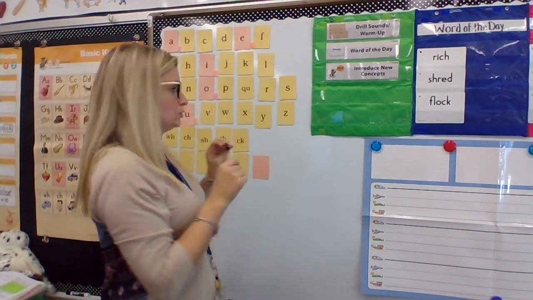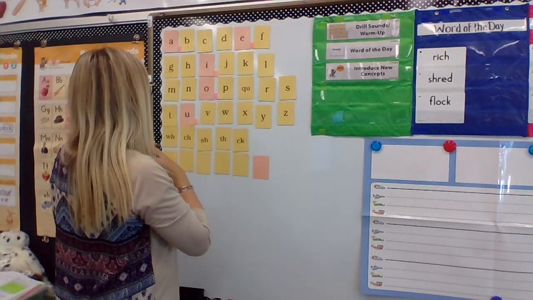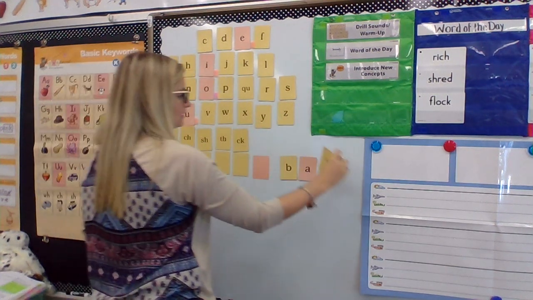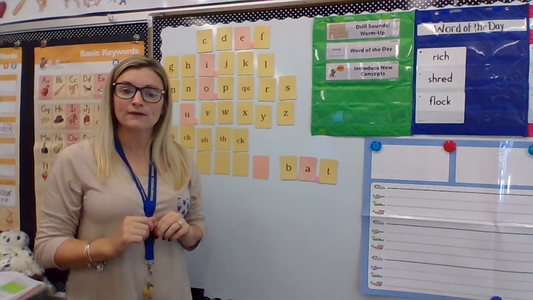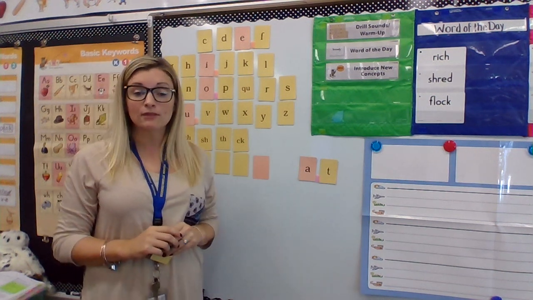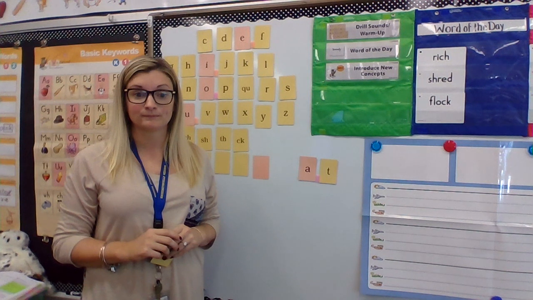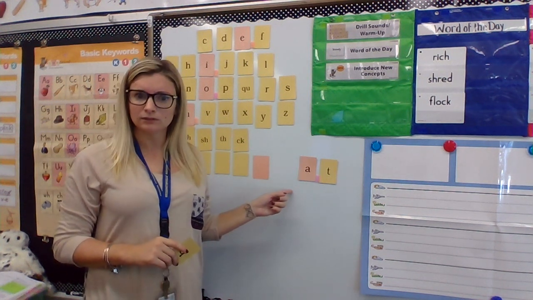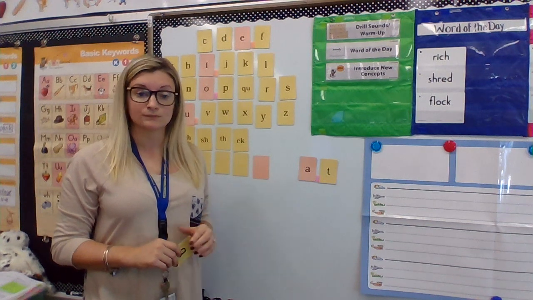Let me bring back that word and show you something else. We have that word bat. If I take that B away, now the word becomes at. I wonder, can it still be a closed syllable? Let's look at our rules.